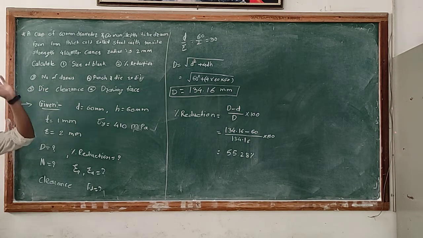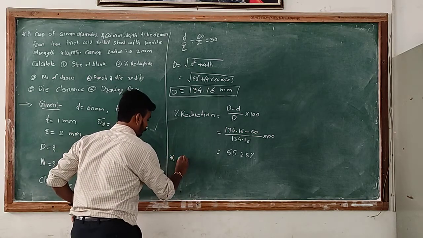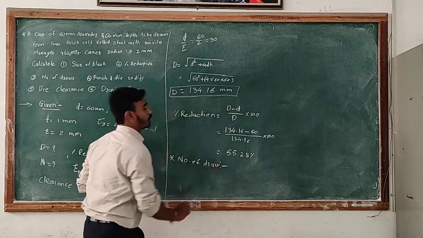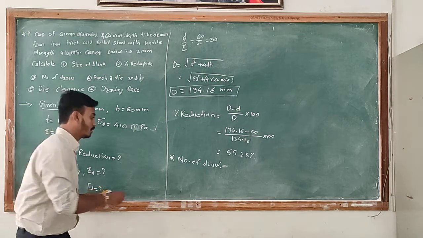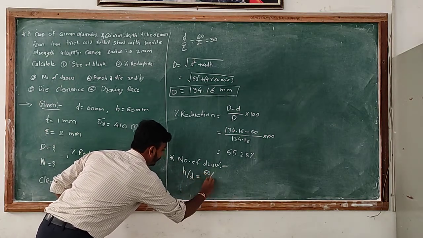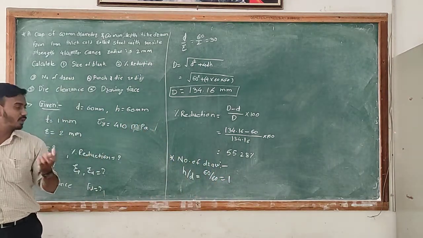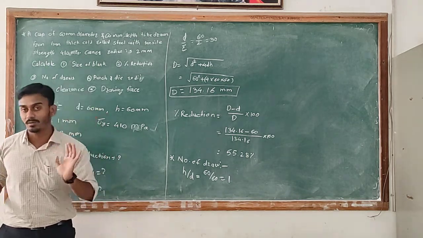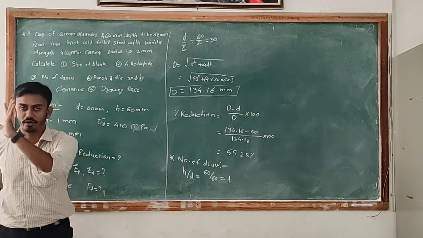Now they ask for the number of draws. How do we decide the number of draws? We have one formula, that is the H by D ratio. H is 60 and D is also 60, so H by D is equal to 1. And we have a table. If this ratio is less than 0.25, then the number of draws is 1.